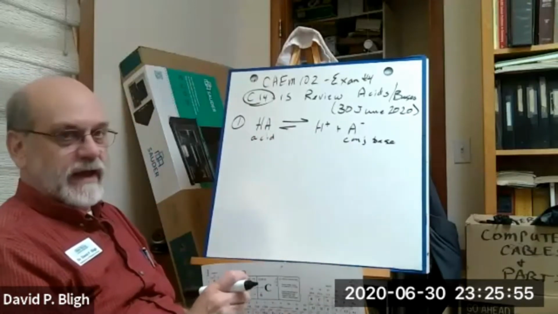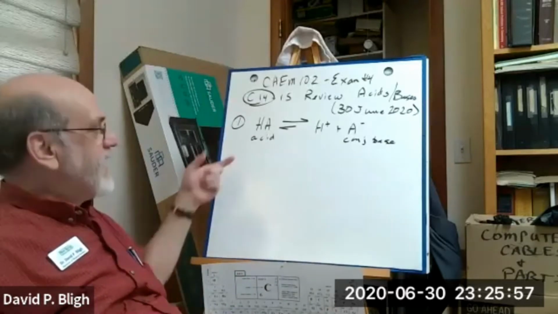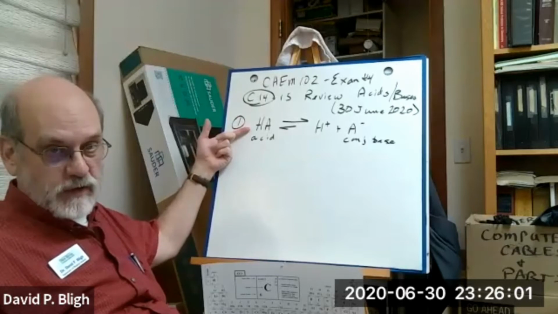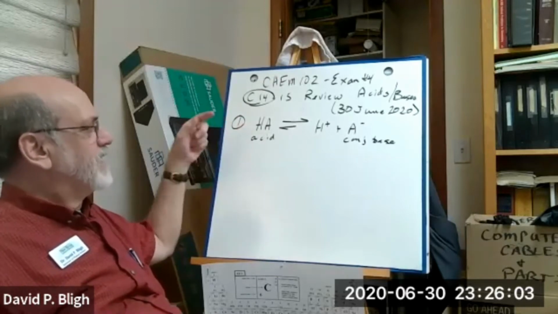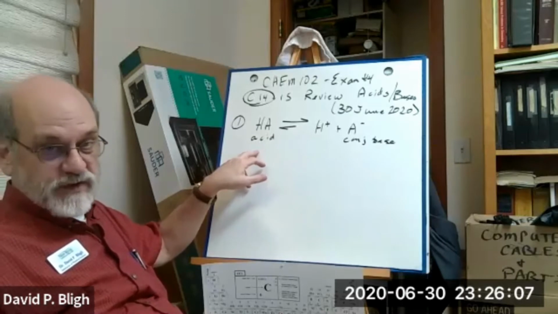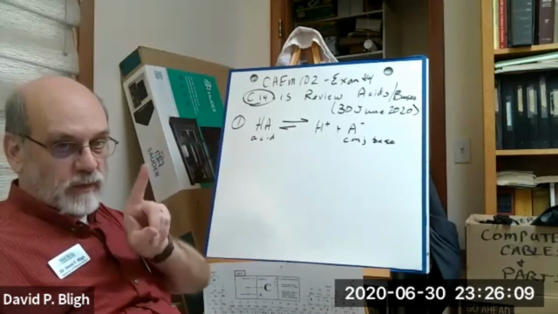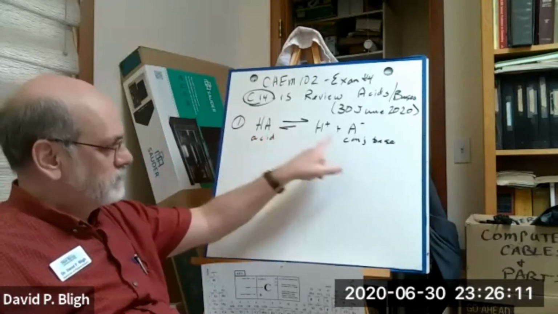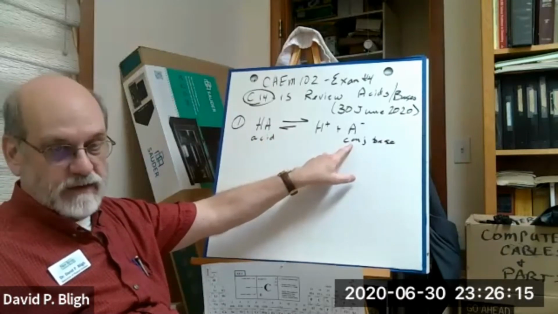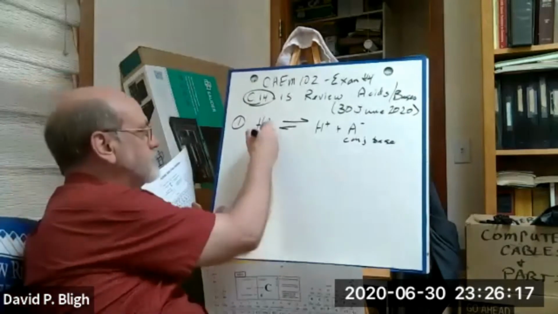First thing, you got to have an acid, right? You have to have one with a proton that will dissociate. Right? Then the conjugate base is the result of losing one proton. Right? One proton there gives you that acid. What if we have two?